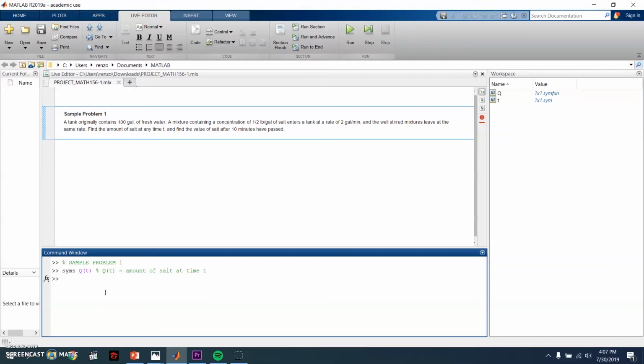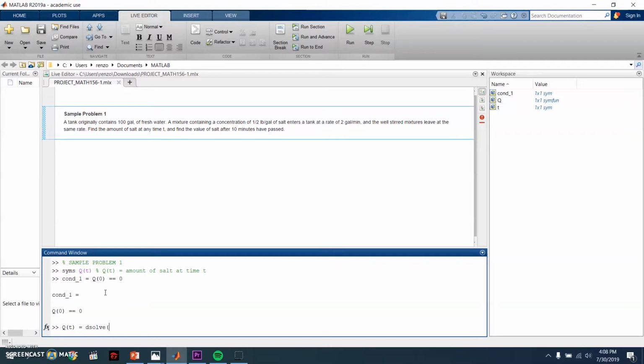After pressing enter, the values will appear in the workspace at the right side, and the next step is to enter the initial conditions, which is Q sub 0 is equal to 0. So after setting the initial conditions, you need to enter the formula to solve the problem.